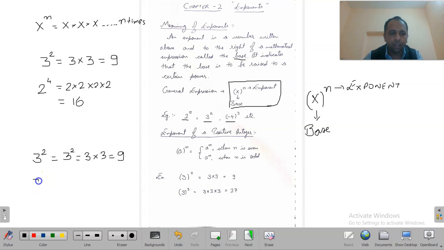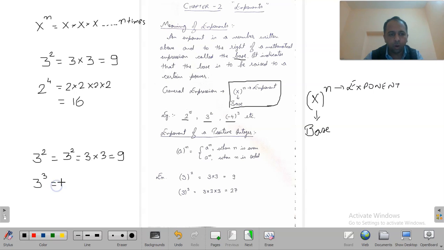For example, 3 to the power 3. Here 3 again is a positive value, but now the exponent value is an odd number. Here it was an even number. 2 is an even number, whereas 3 is an odd number. So now we have a positive base and the exponent is an odd value.